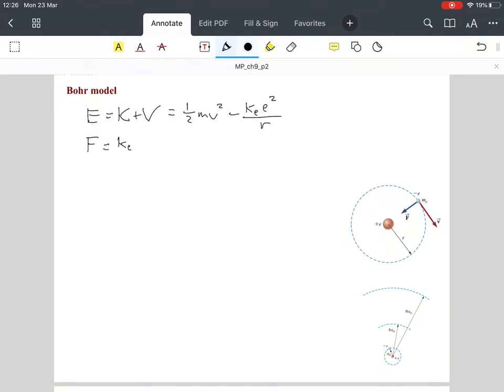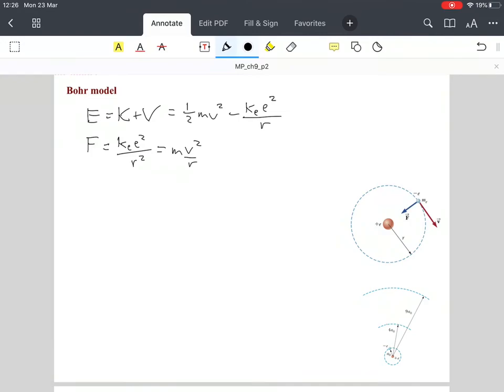So the Coulomb force is this constant Ke times e squared divided by r squared. And this is equal to, using Newton's second law where the acceleration is v squared over r, mv squared over r.